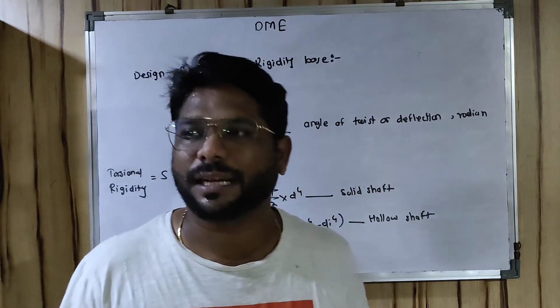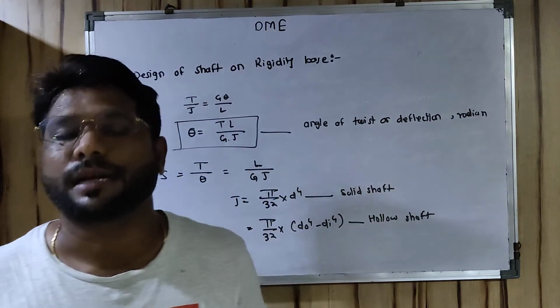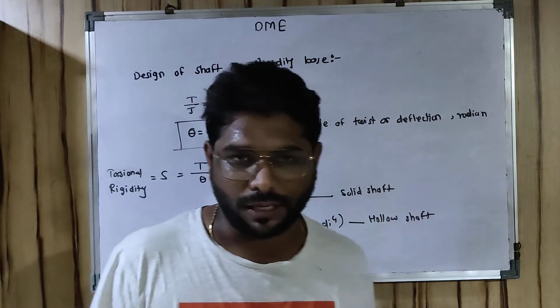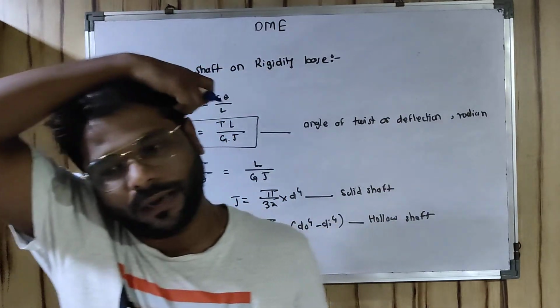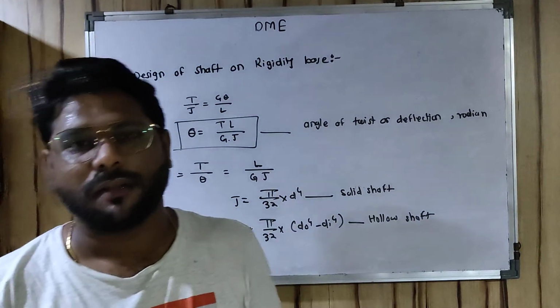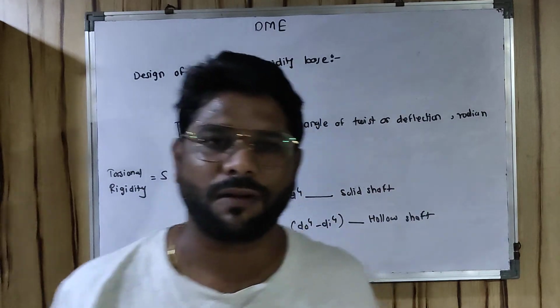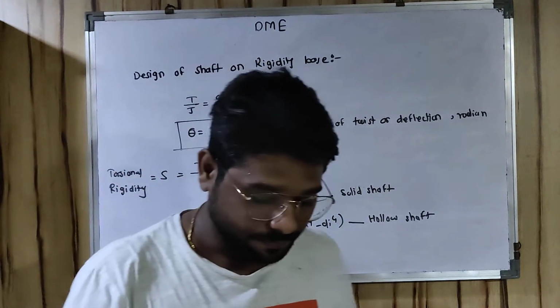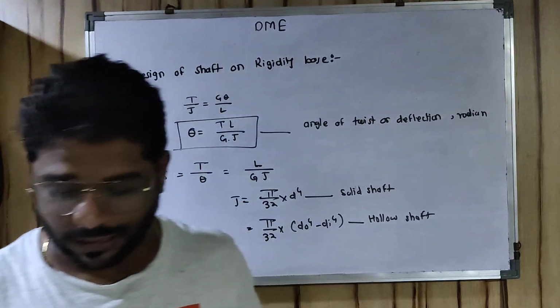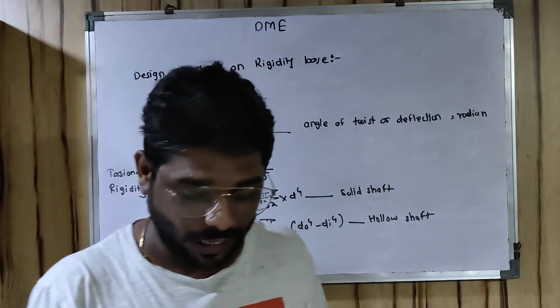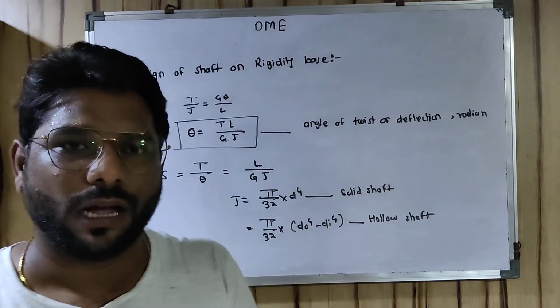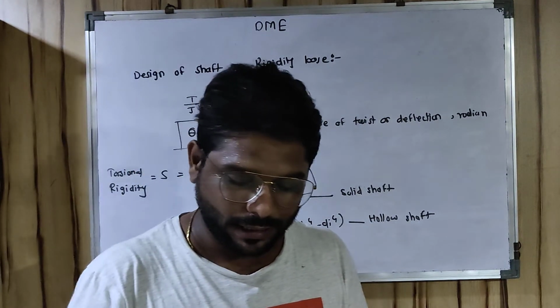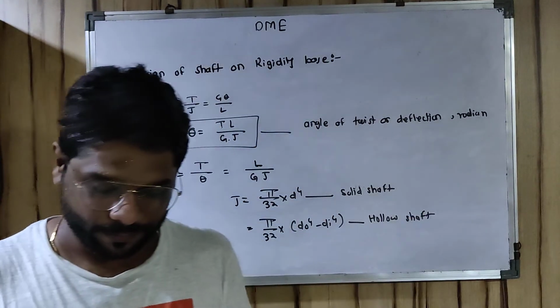Slope and deflection are the terms which will come in the degree topics in the future. When you go to the second year of degree, we have a syllabus of slope and deflection in the SOM subject. Okay, and the next one is what? Hollow shaft has torsional as well as lateral rigidity higher than the solid shaft of the same weight.